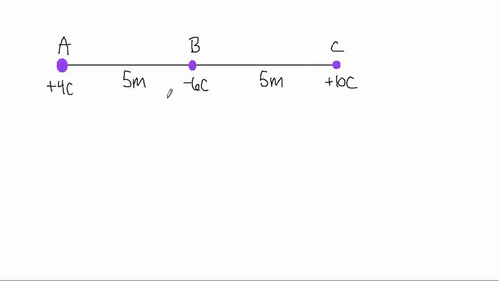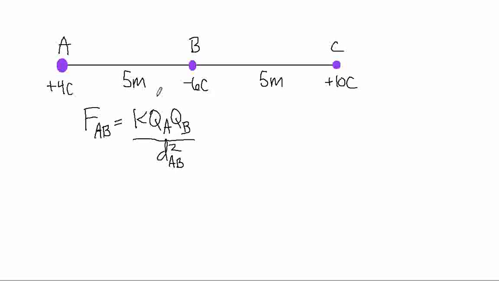All right? So let's first find the magnitude of the electric force with respect to objects A and B. I'll denote that by F sub AB, and that's equal to K times Q sub A times Q sub B divided by the distance between A and B, which I'll denote by D sub AB squared.